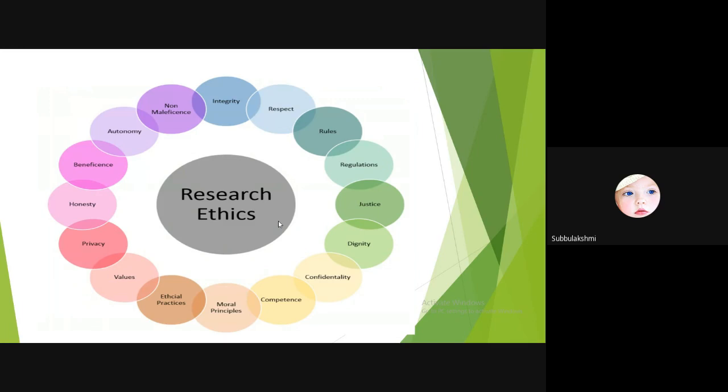These are the various qualities required for a researcher. Starting from the top: integrity, respect, rules, regulations, justice, dignity, confidentiality, competence, moral principles, ethical principles, values, and privacy is very, very important. Honesty, beneficence, autonomy, non-maleficence. So these are the qualities expected from a researcher.